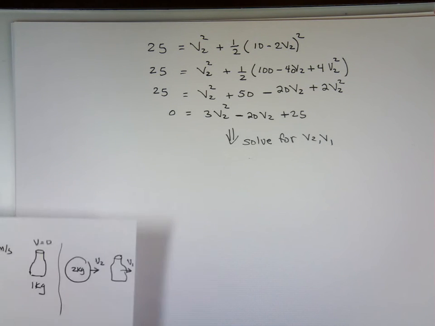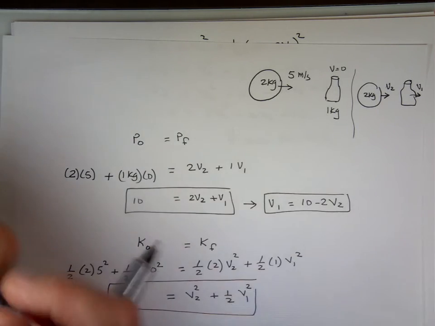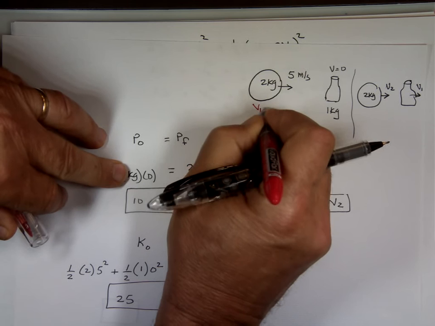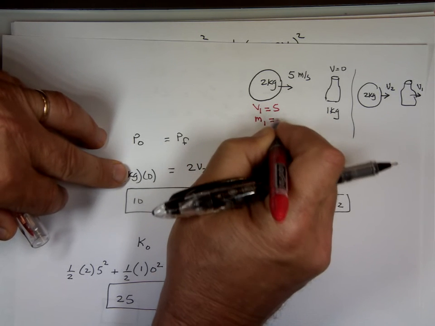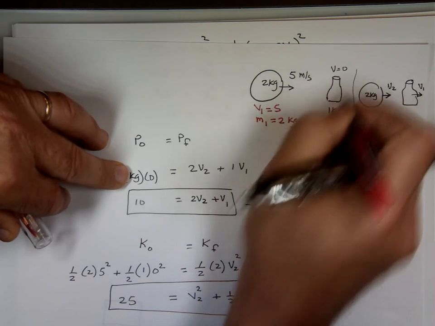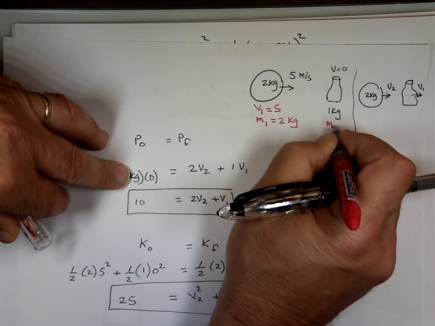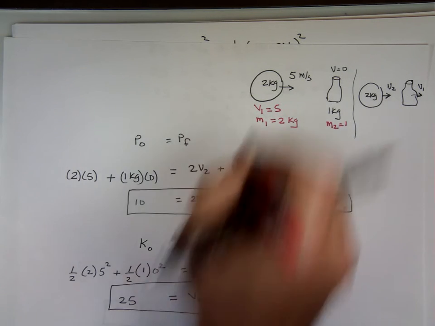They labeled the moving one as V1. This is your V1, equals 5. This is mass 1, that's not moving, that's 2 kilogram. The one that's not moving has a mass 2, which is 1, the velocity is 0. That's the initial velocity, V0.